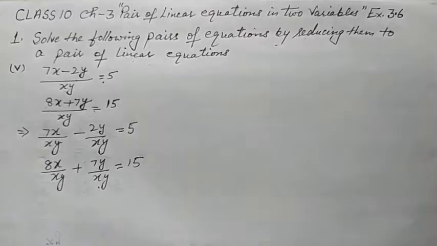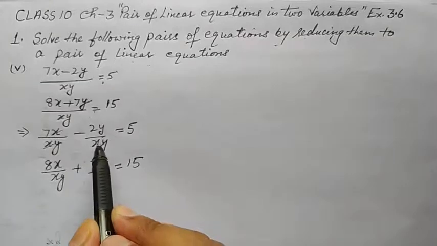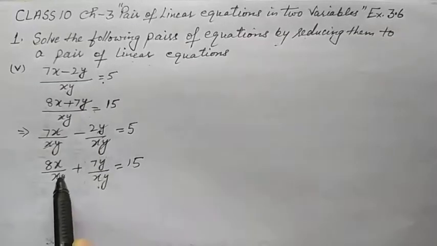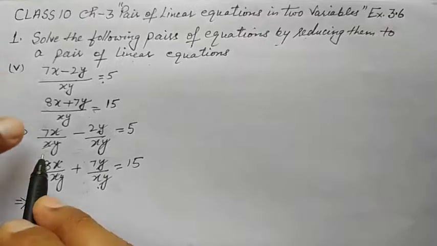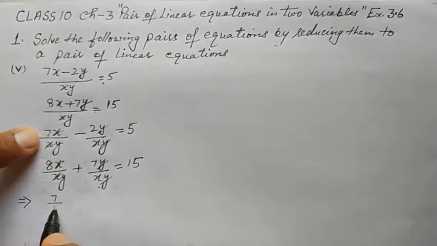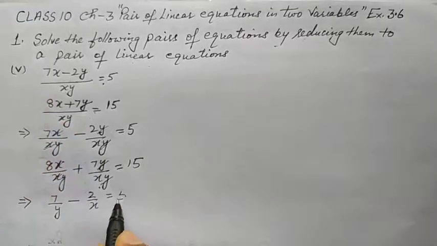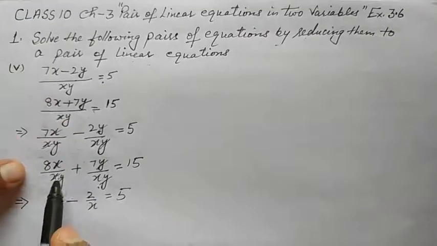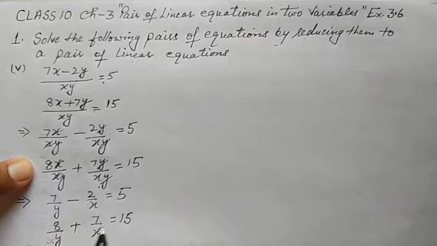This is our second equation now. Now see, x and x can be cancelled, y cancelled, x cancelled, y cancelled. So let's see what will be left. Here it is left 7 over y minus 2 over x is equal to 5. In the second equation it is left 8 over y plus 7 over x is equal to 15.